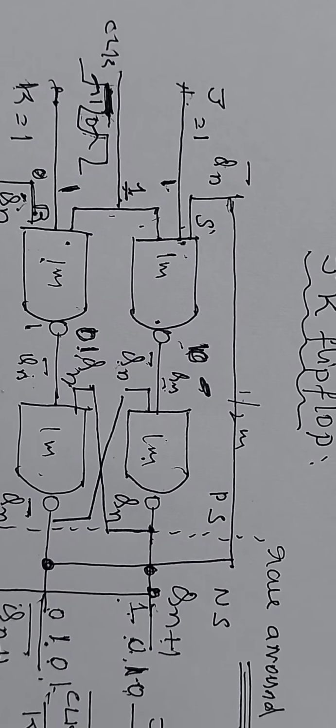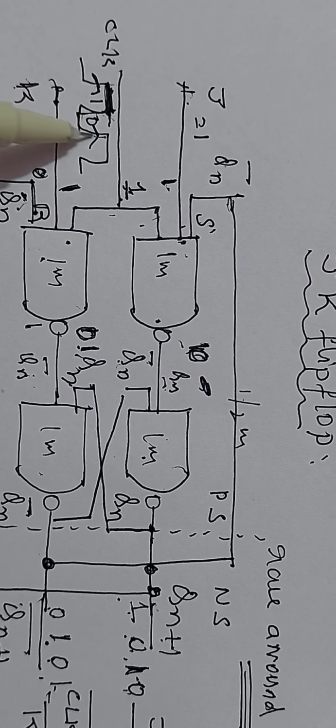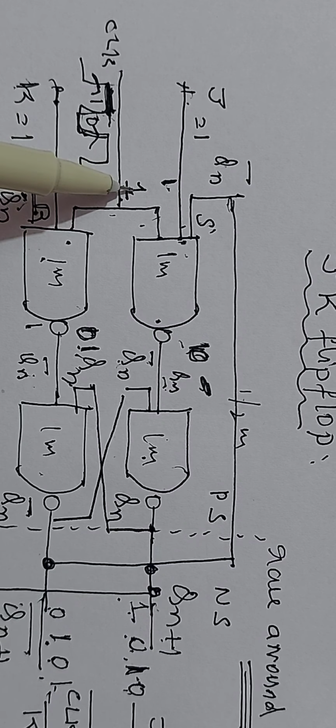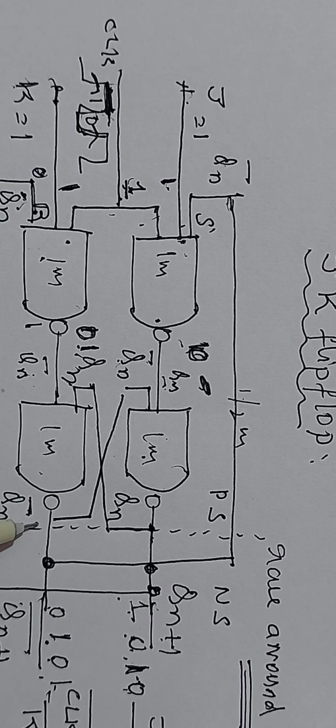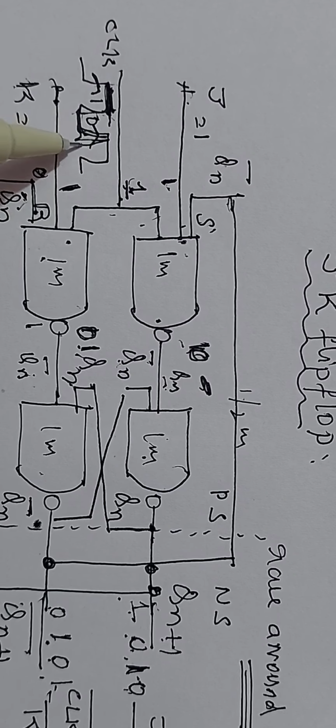After 30 milliseconds, you will get a 0 pulse. We know that when the clock pulse is 0, this flip-flop remains in the previous state, Qn and Qn bar. That means it acts as a memory element until the next positive clock pulse comes.